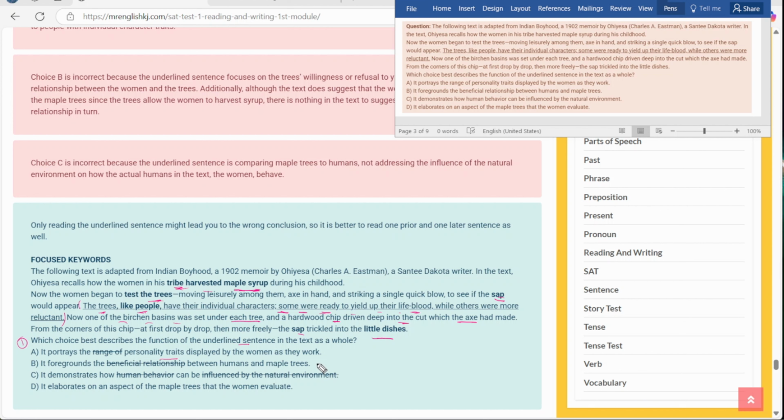No, it is not talking about a beneficial relationship anywhere. Okay. It demonstrates how human behavior can be influenced by the natural environment. No, it is not talking about that either. It is only talking about the maple tree. It elaborates on an aspect of the maple tree that women evaluate. Yes, it is talking about the maple tree and the women who evaluate it. Okay, the aspect of everything in the whole paragraph they were talking about that.